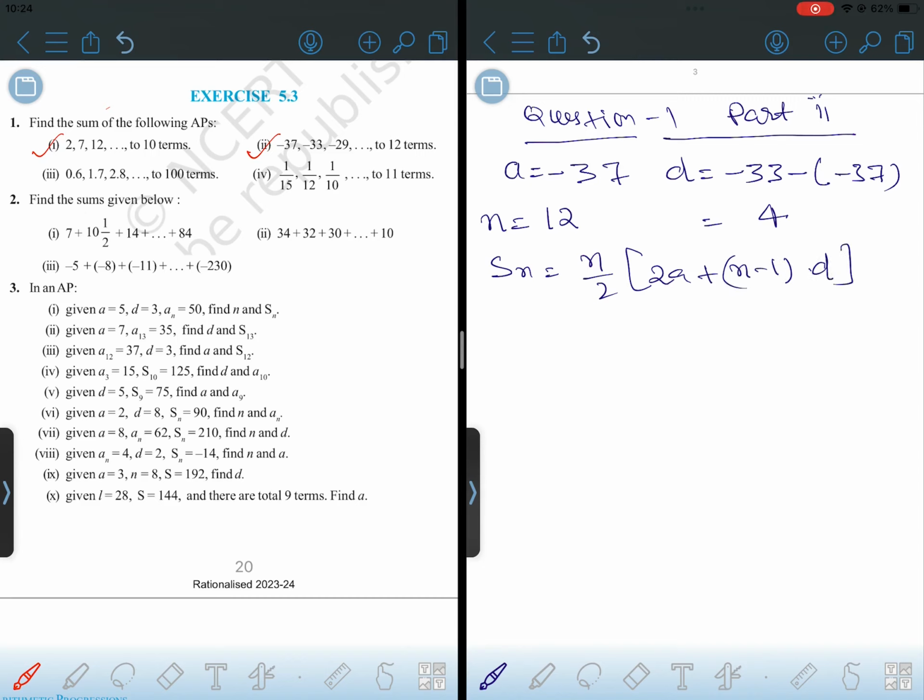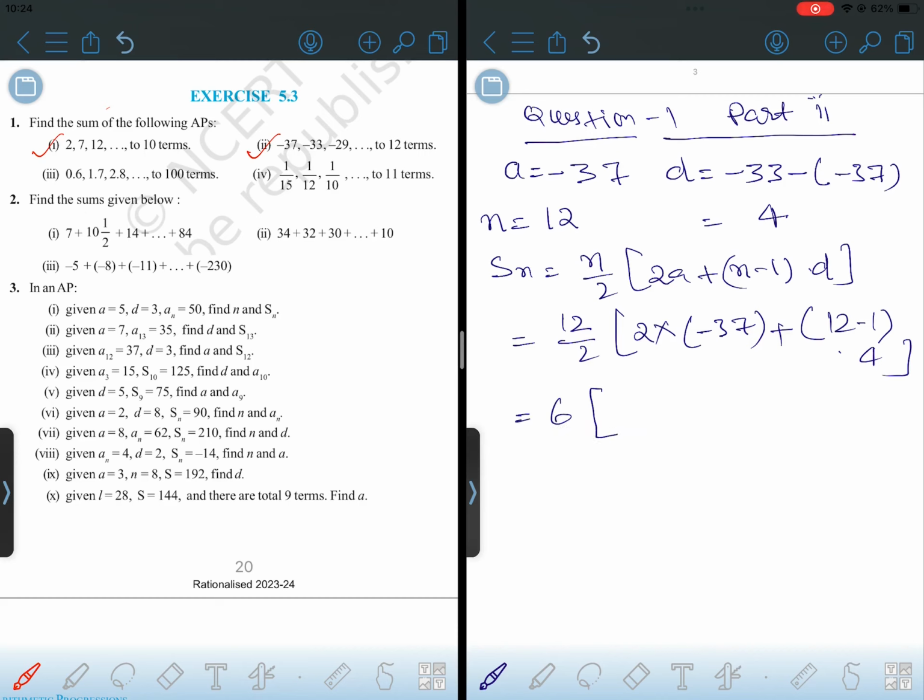Now let's substitute all these values in the formula. n is 12, so 12 upon 2 in bracket 2 into a, that is minus 37, plus n minus 1, which is 12 minus 1, and d is 4, right? So that gives us 6 in bracket.